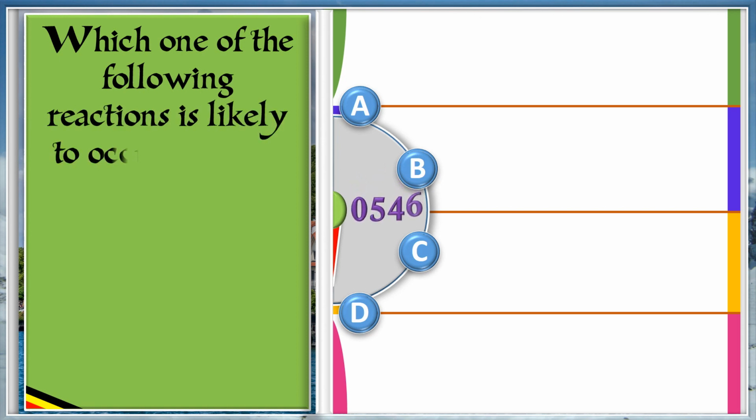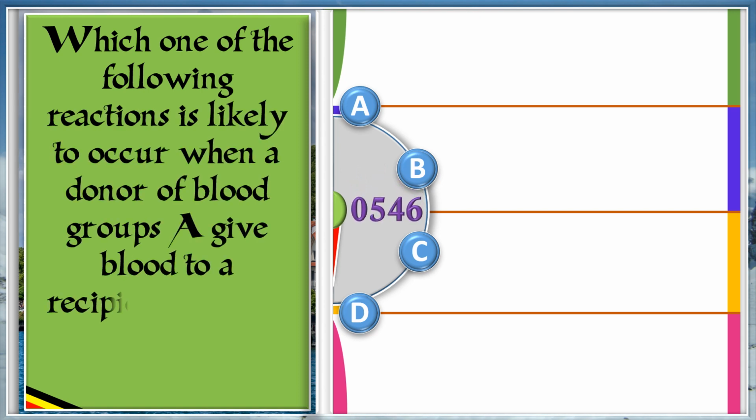Which one of the following reactions is likely to occur when a donor of blood group A gives blood to a recipient of blood group B?